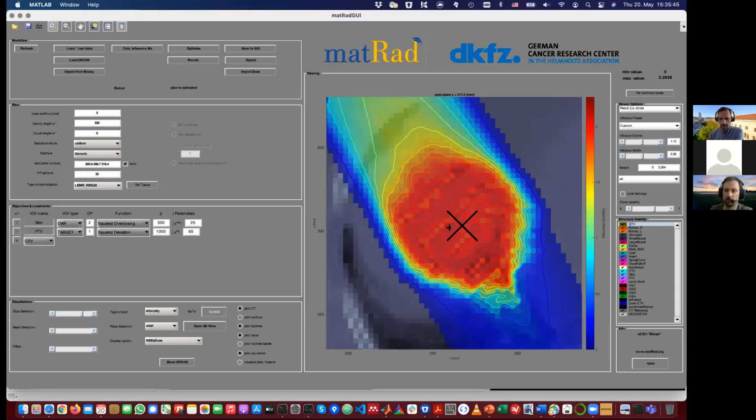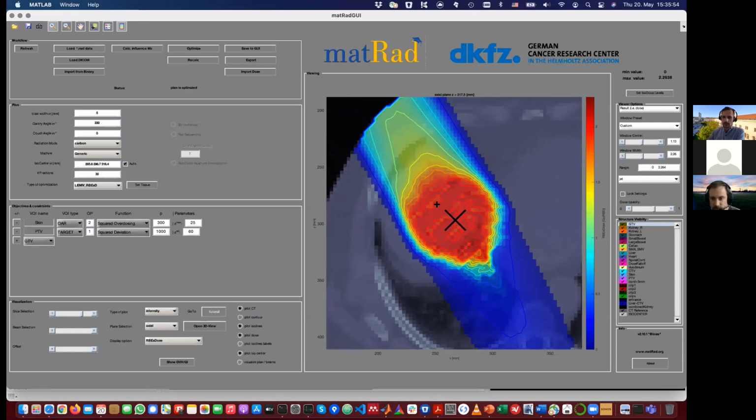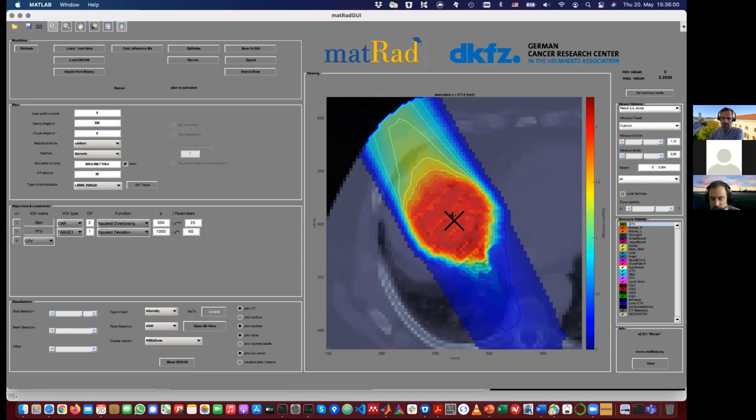In this case, it's really very hard to get a homogeneous dose in the tumor, because there are so many heterogeneities along the beam path. You have bone, air, and also the liver itself.